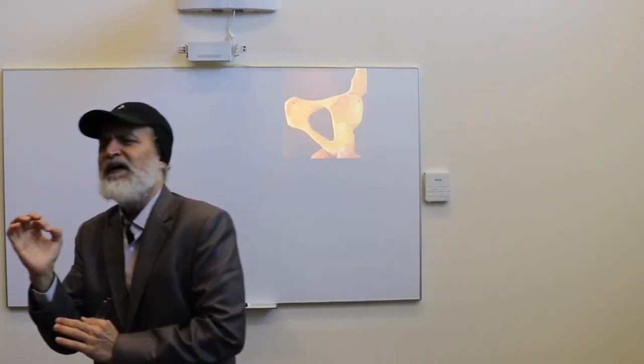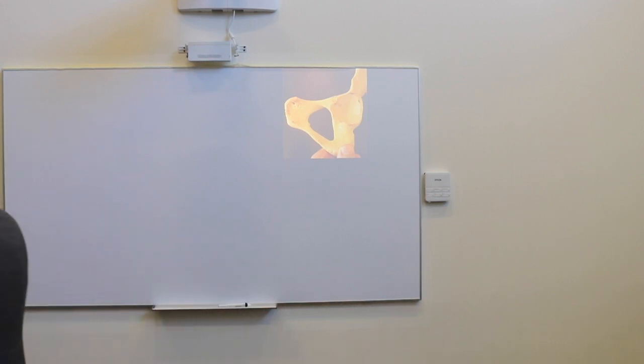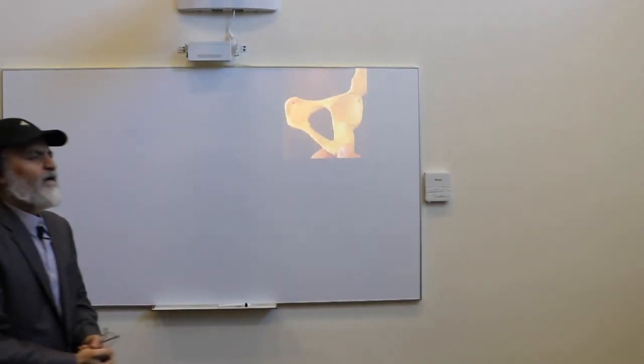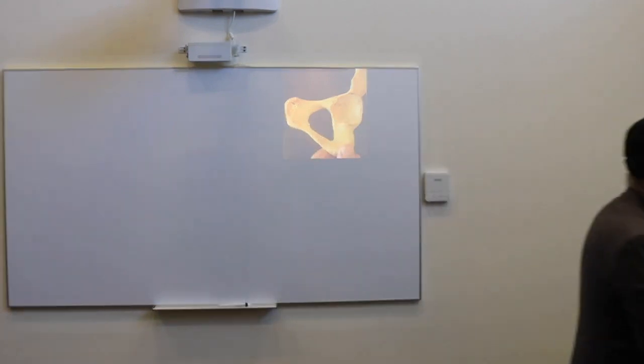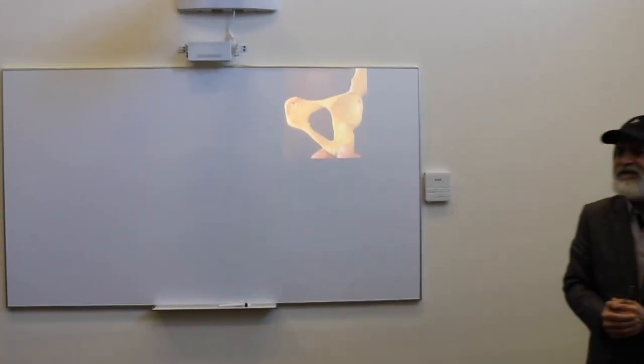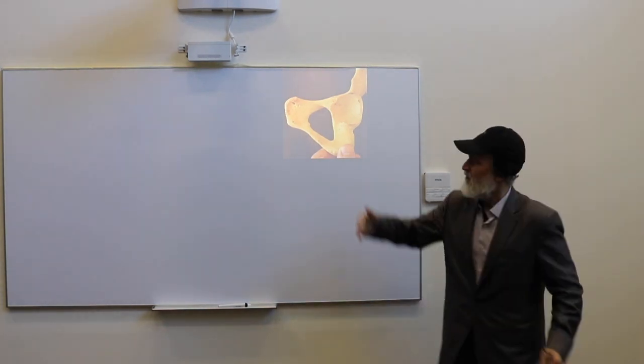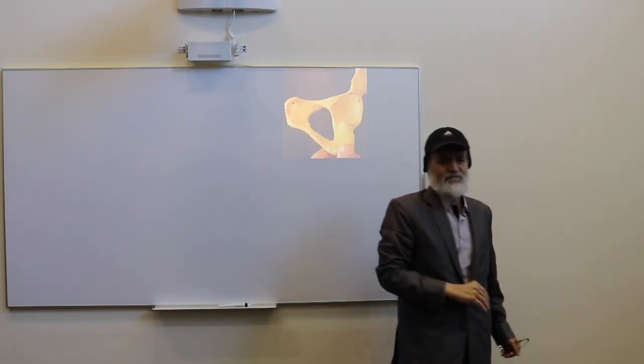CPR is important. What's CPR? Conjoint tendon, pyramidalis, and rectus, in succession, from anterior to posterior.